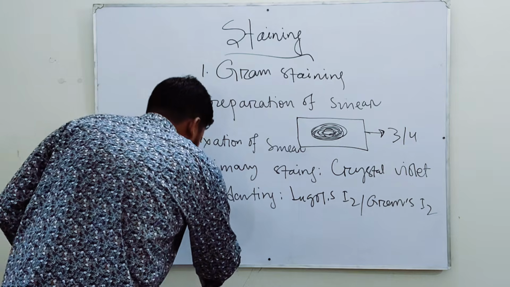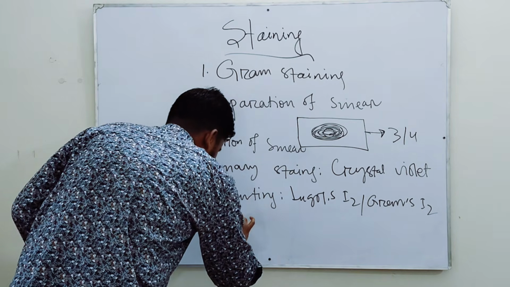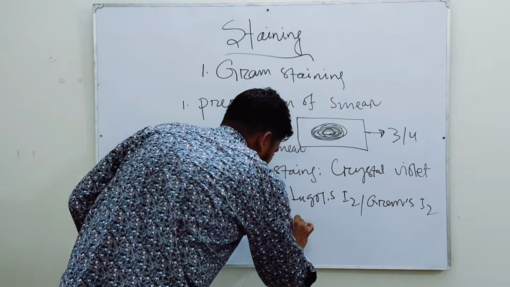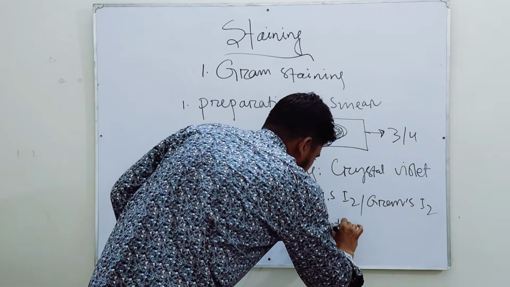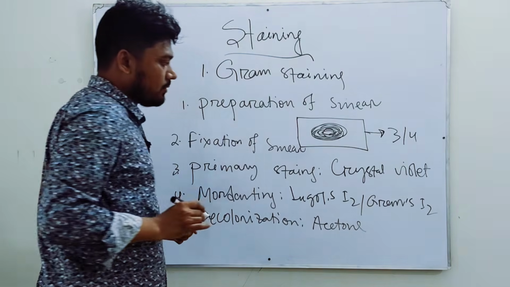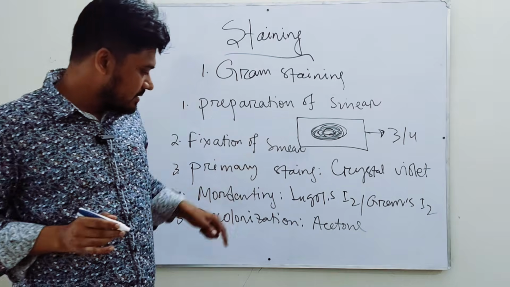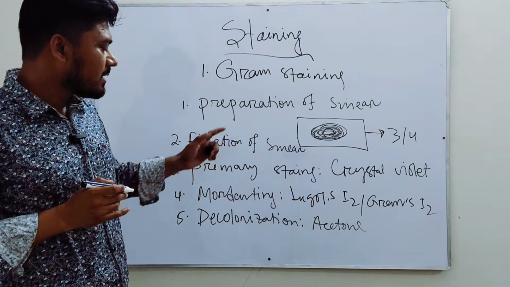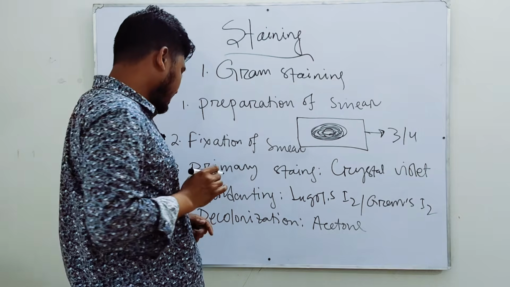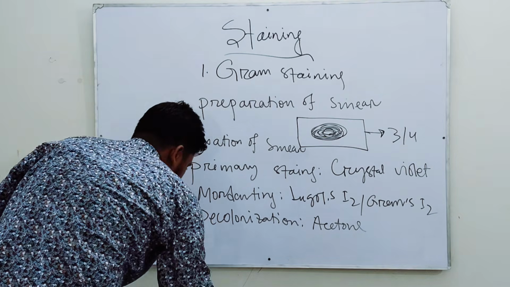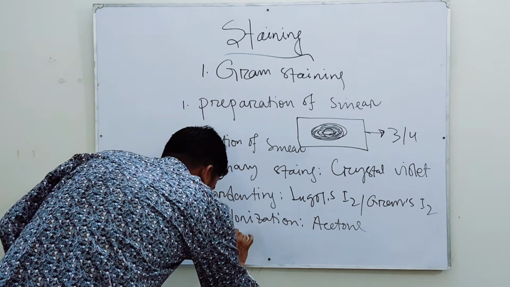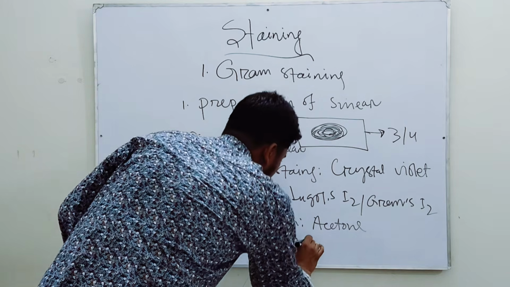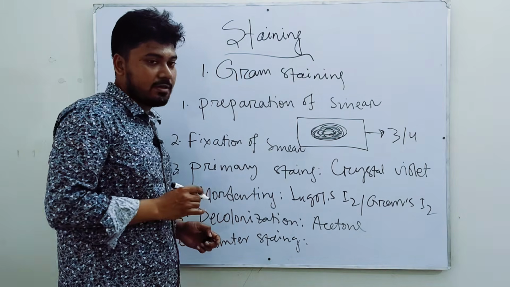The next step is decolorization. Decolorization is done by acetone. The smear is washed alternatively with water and acetone until it becomes colorless. Then counter staining.